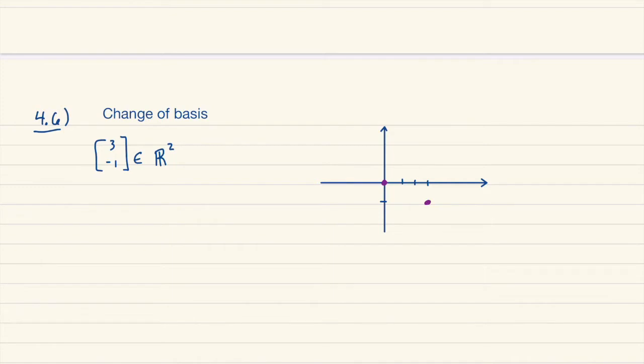And so it's going to be this vector. It's going to map the origin to the point (3, -1). What we can do is think of this as a linear combination.